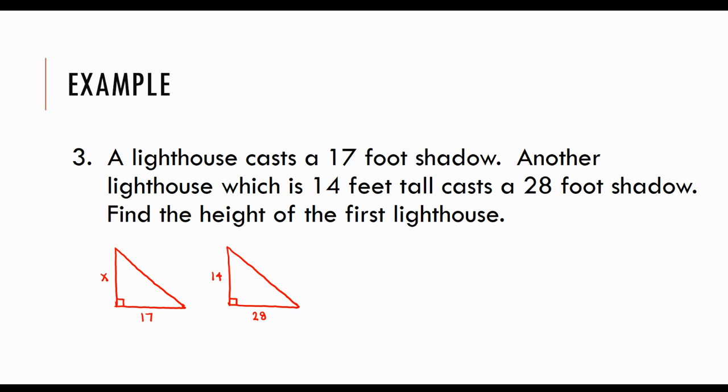So once I have my figure, I know exactly what's height, what's shadow, and for what figure. So I'm going to stay consistent. I'm going to do height over shadow for the first lighthouse. That's going to equal height over shadow for the second lighthouse. Now, if you want, you can simplify down 14 and 28. They are going to reduce down to a half.